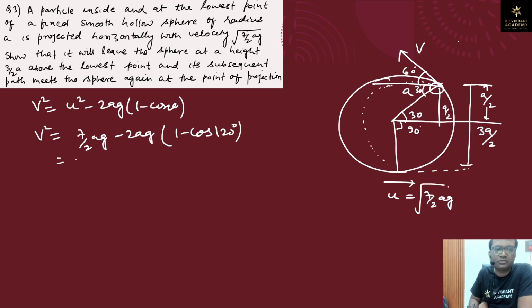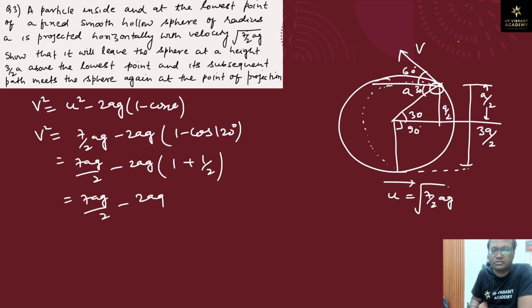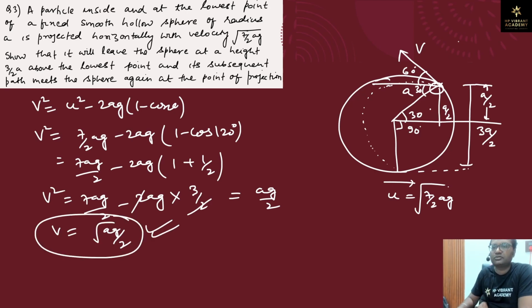Okay, so this is equal to 7 ag upon 2 minus 2 ag into 1 plus 1 upon 2. This is 3 upon 2. So this is equal to ag upon 2. So v is equal to root under ag upon 2. Okay, so this is the velocity.